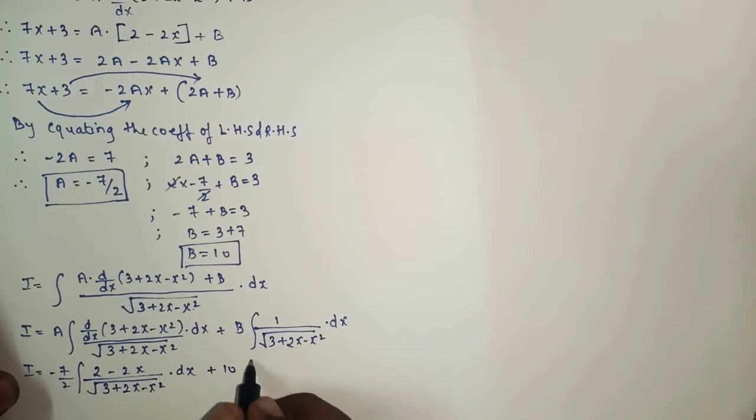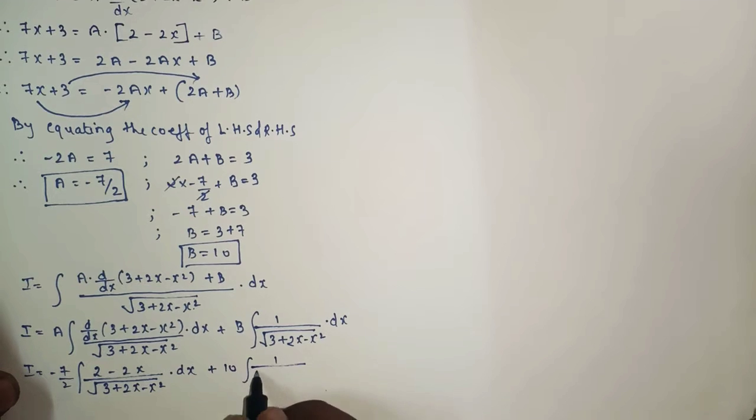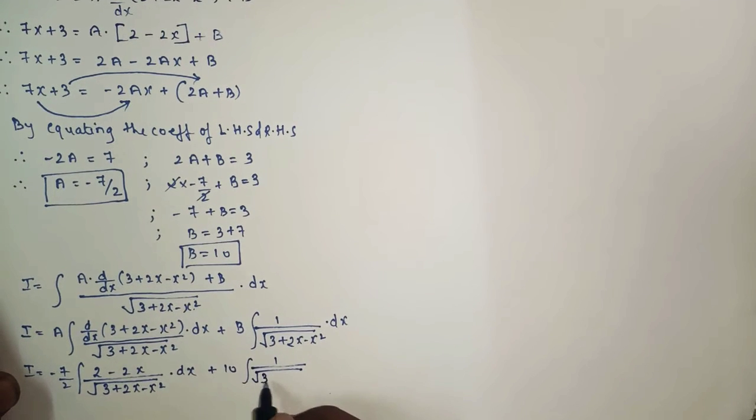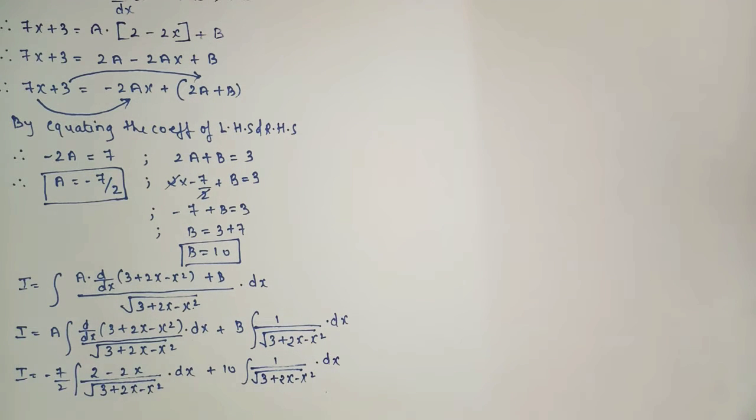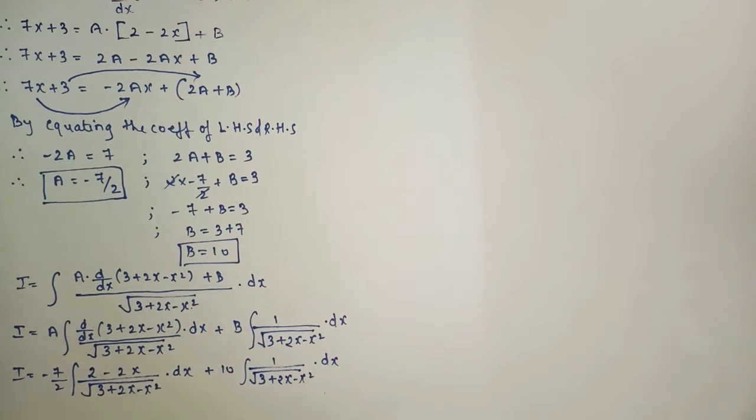B is 10, 1 upon root 3 plus 2x minus x square into dx. Okay, I hope you all understood till here.